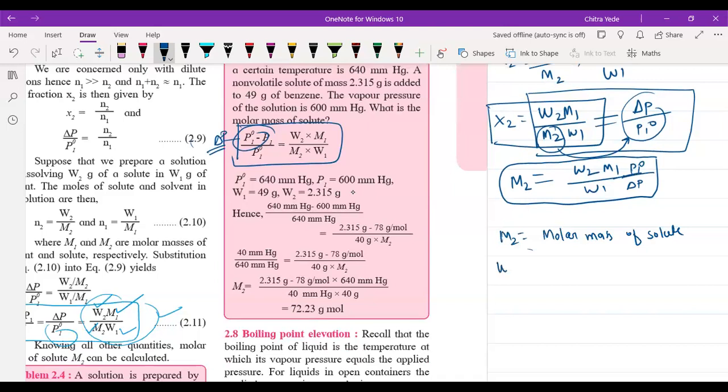W2 is the mass, like 1 gram, 2 gram, 5 gram. The amount of matter is nothing but the mass, represented by W, so W2 is the mass of solute. Then M1 is the molar mass of solvent, and W1 is the mass of solvent.